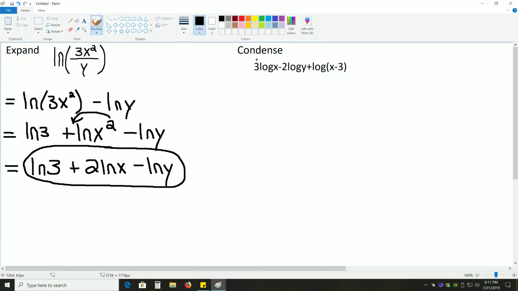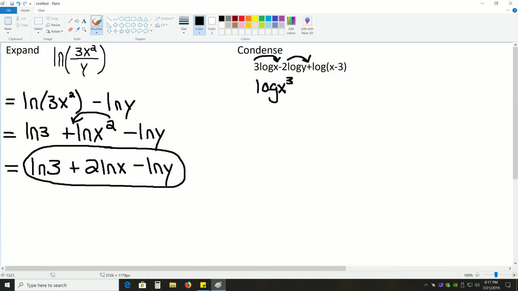We will start with the exponents, just like order of operations, exponents first. We want to take the numbers on the outside and move them up to the exponents inside of each log, which gives us log x cubed. Remember that cube is with the x inside of the log.